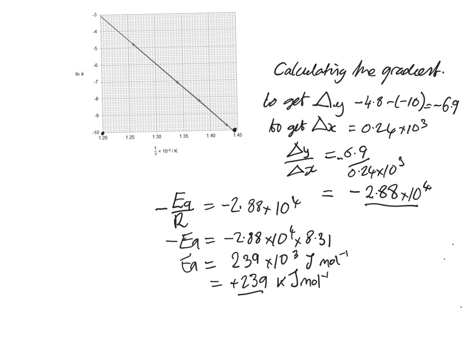Notice if you don't get a positive value for your activation enthalpy, you know you've gone wrong somewhere, because activation enthalpies are always endothermic. Now also the answer should be to 3 significant figures.